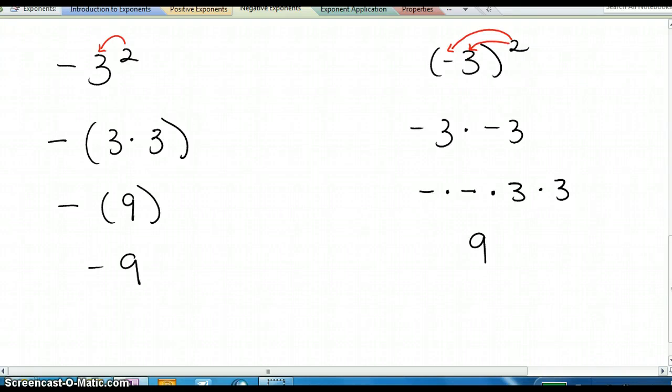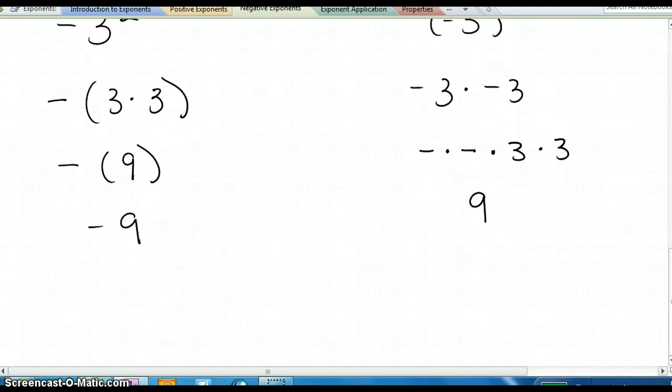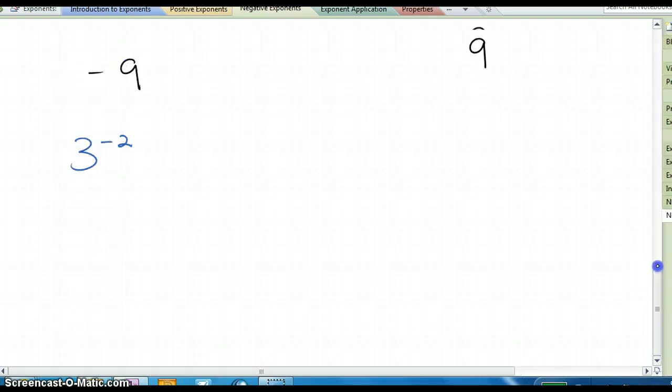Now let's move on with some examples where we have negative bases and negative exponents, but let's review what a negative exponent is. Suppose we have 3 to the negative second. What does a negative exponent mean? Does it mean that my base is negative? Well, if my base is negative, there would be a negative in front of it like we saw in the previous problems, right?